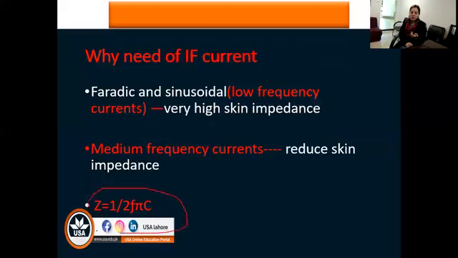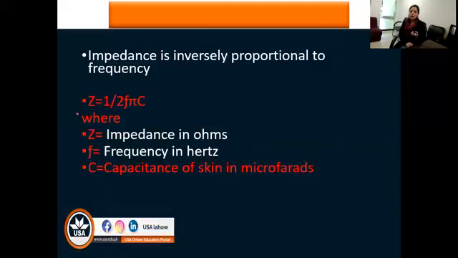This formula shows it: Z is your impedance, or resistance, F is your frequency, and C is the capacitance. Fine. So according to this formula, the resistance we face is inversely proportional to the frequency. If our frequency is high, there would be less resistance.